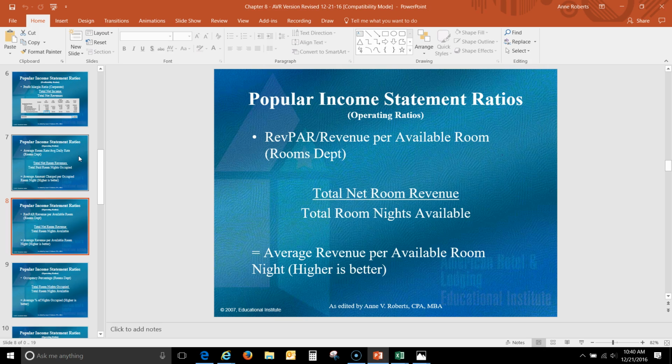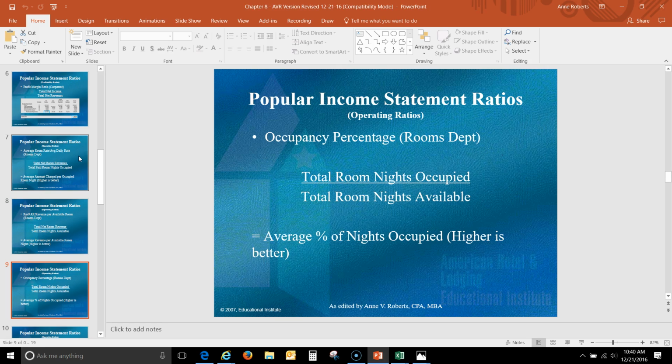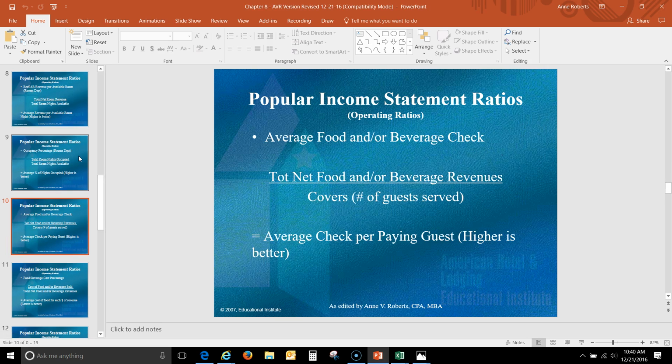So again, how much people are paying for the rooms? Higher is better. Okay? Then when we're looking at occupancy percentage, again, how many room nights are occupied versus how many are available, again, the more people that are coming in, buying our rooms, higher is better.